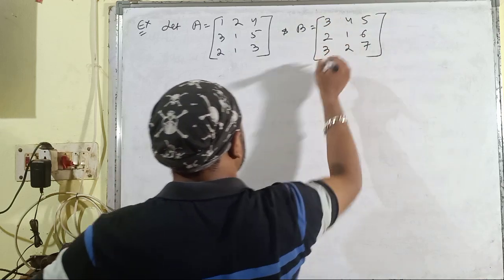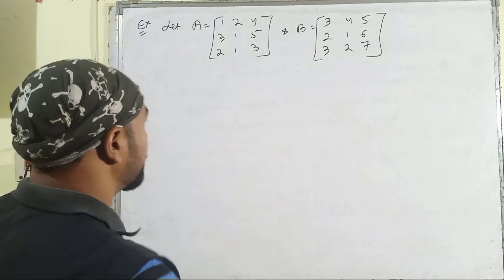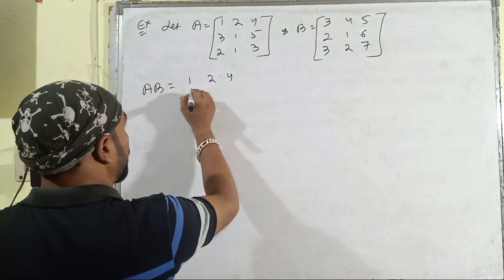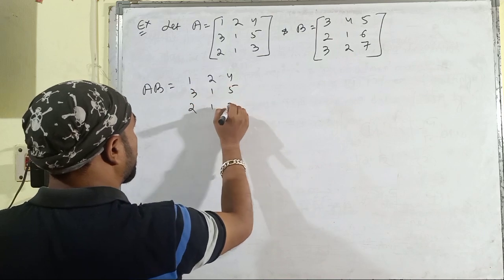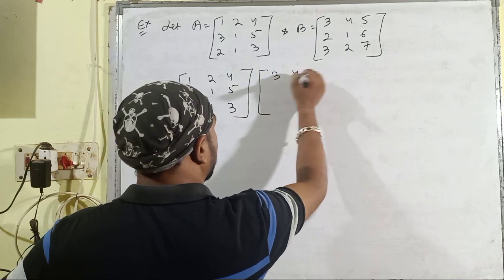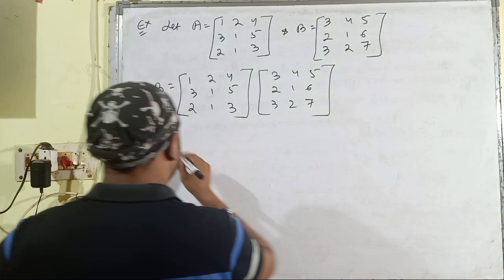Suppose I have considered the two given matrices A and B of the same order 3 cross 3 each. Let us multiply these two matrices. That is the second matrix.